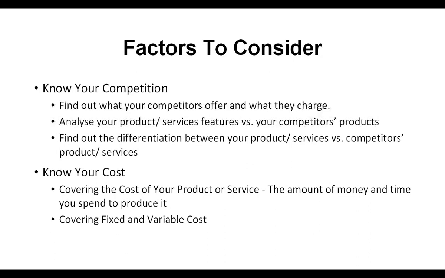Many businesses either don't factor in all their costs and underprice, or literally factor in all their costs and then expect to make a profit with one product and therefore overcharge.